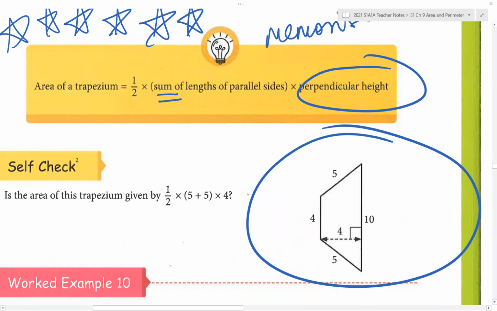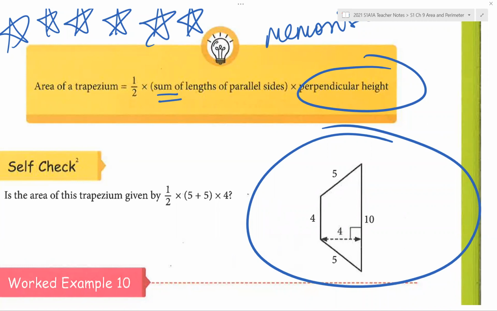Is there anybody who does not know how to find the perpendicular height? Raise your hand. All okay finding perpendicular height? I'm going to call people. If you do not know what the perpendicular height is, raise your hand. Okay, so listen carefully.